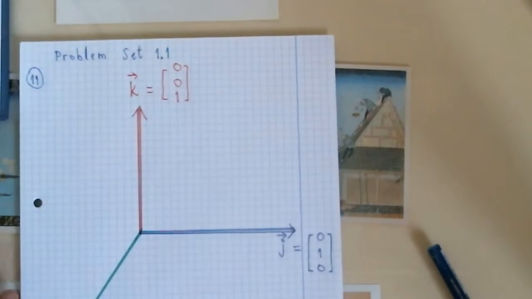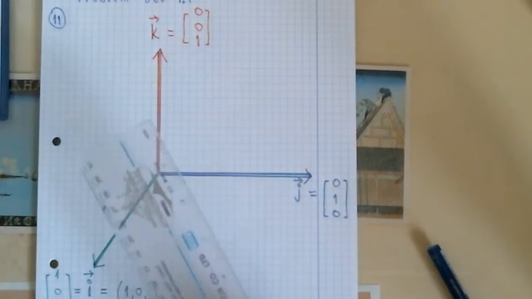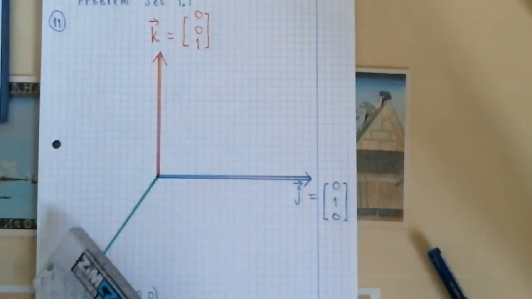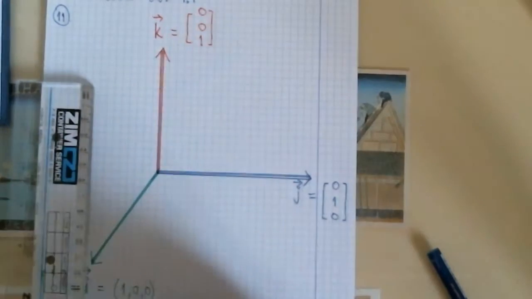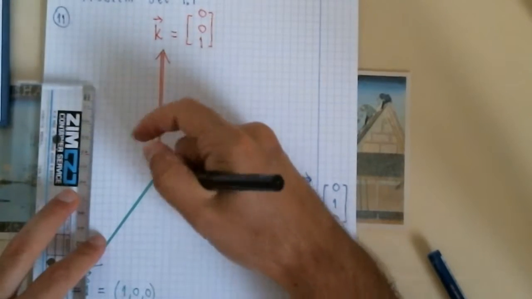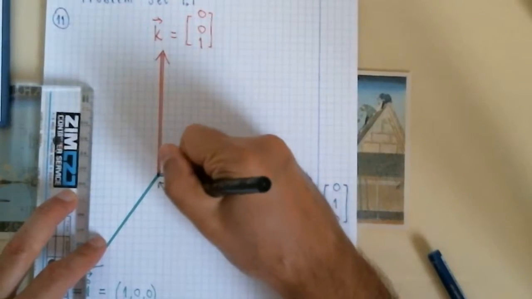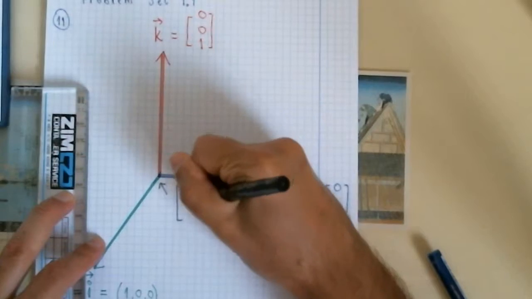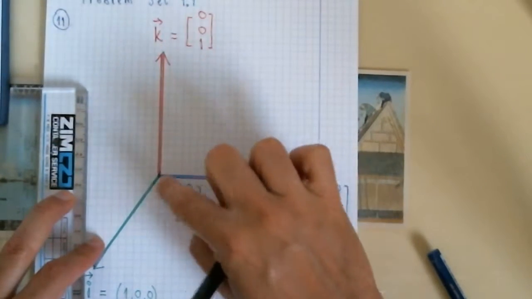So now let's make the other lines. We will show that this corner here is 0, 0, 0. This is the origin.